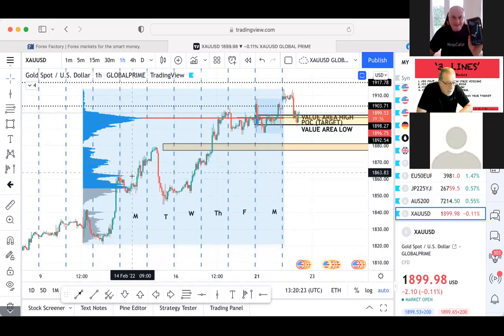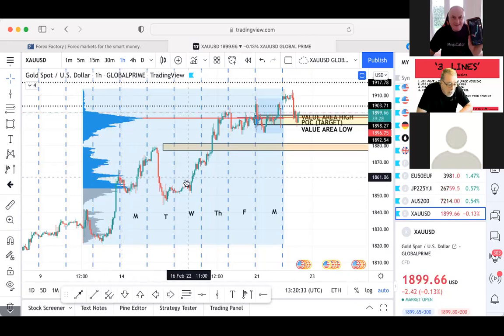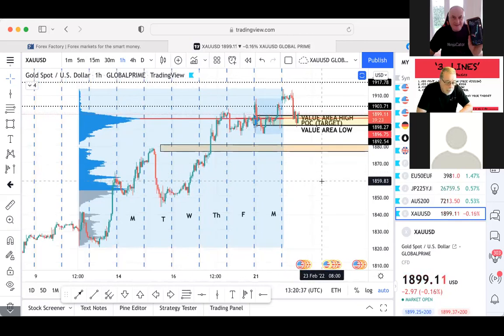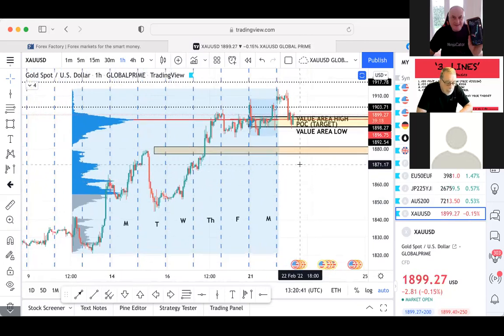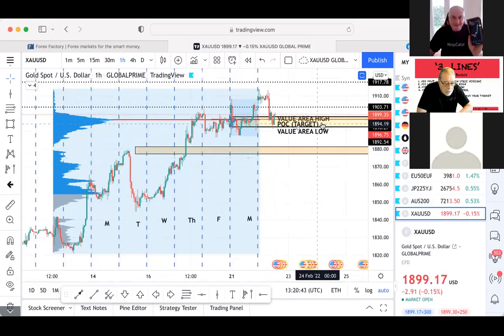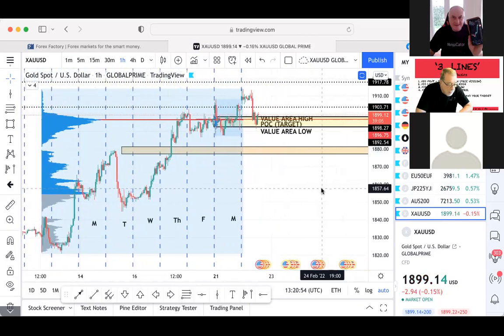And similarly here, there was a peak, and in between those two peaks there was an area of consolidation, and another area of consolidation there. So these are other potential targets. If price breaks out of this value area, it's got three key areas where it is very likely to go back to.